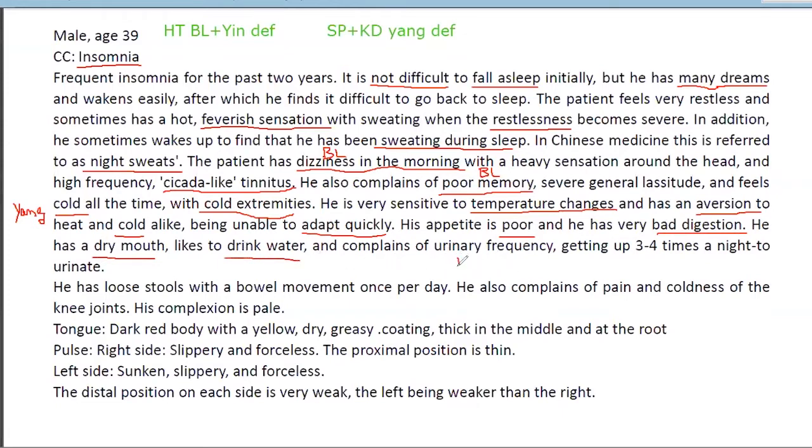Frequent urination goes to the kidney. Let's go to the spleen. And night urination still goes to the kidney. The loose stool, spleen.